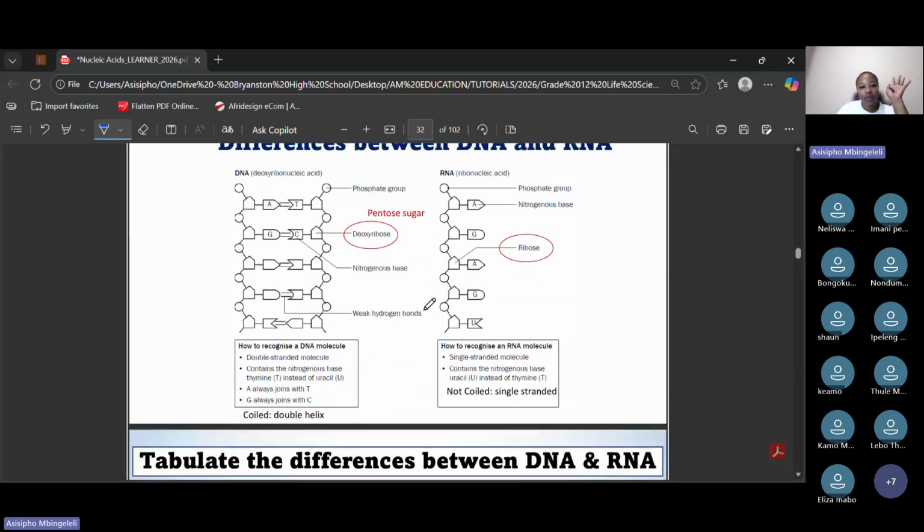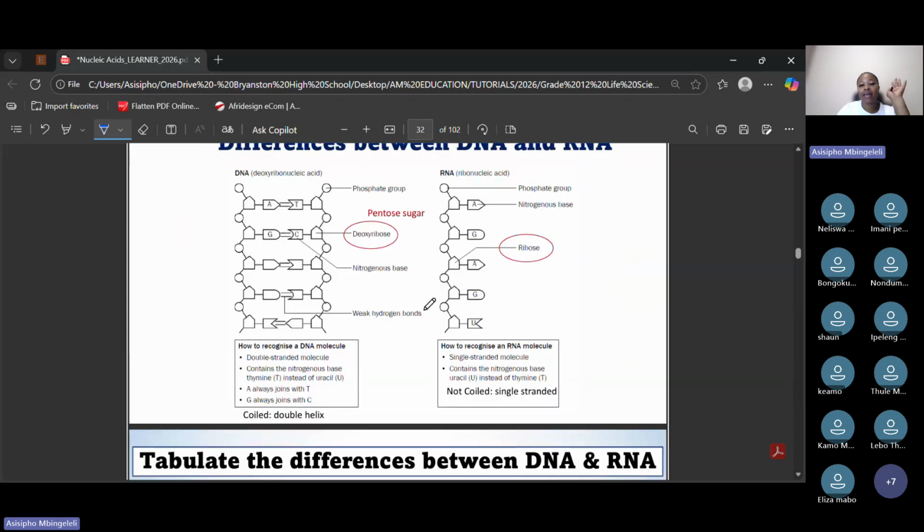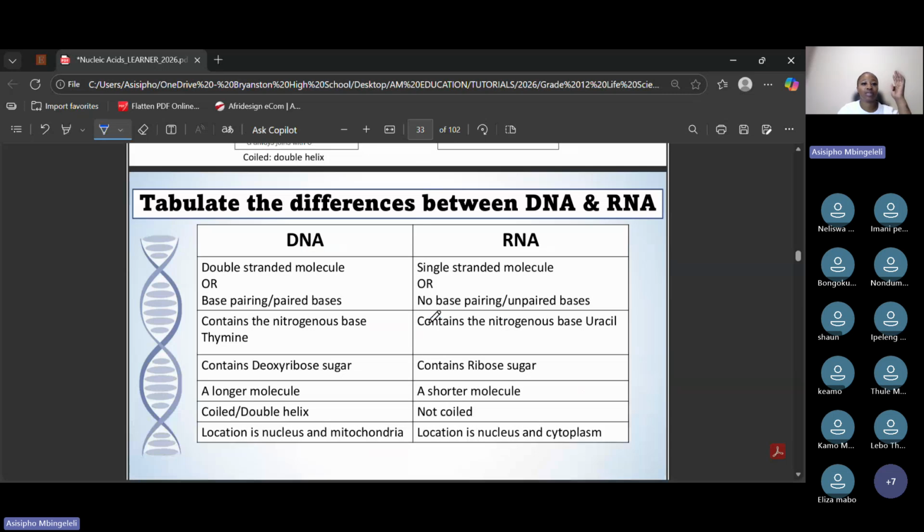Then we are basically just getting differences between RNA and DNA. When we look at a double helix molecule, that is DNA; RNA is single-stranded. DNA contains the nitrogenous base thymine, RNA contains uracil. DNA contains deoxyribose sugar, RNA contains ribose sugar. DNA is known to be a very long molecule compared to RNA, which is known to be short.